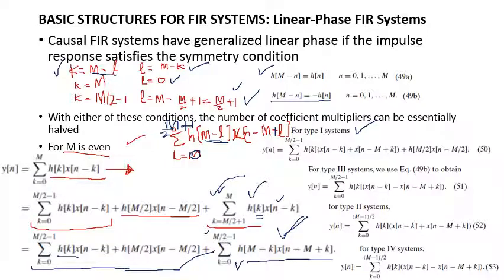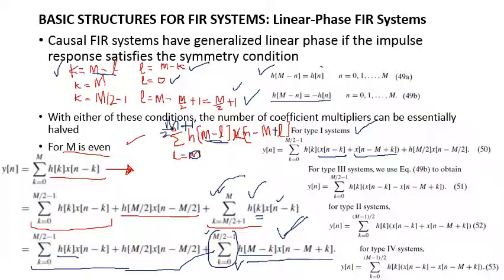So we write h of k multiplied by x of n minus k plus h of n minus m plus k, right? Because we can take the summation common, because it's the same summation here. Also because these are the same, h of m minus k basically equals h of k.